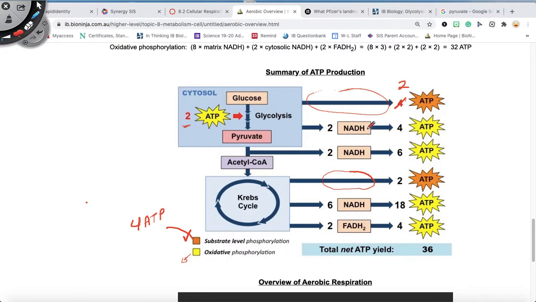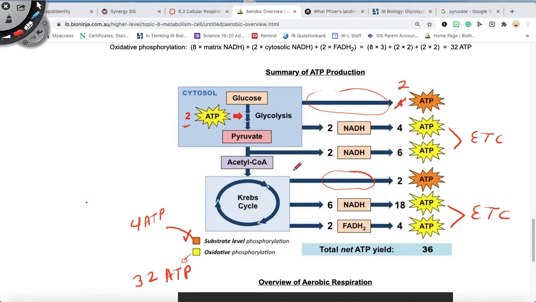All of these hydrogen electron carriers, which we call taxis, pick up a hydrogen and electron and take them to the electron transfer chain to generate a lot of ATP. If you do the math here, in this oxidative phosphorylation process that happens in the electron transfer chain, you're going to end up with 32 ATP molecules.